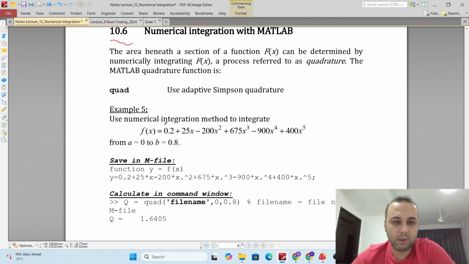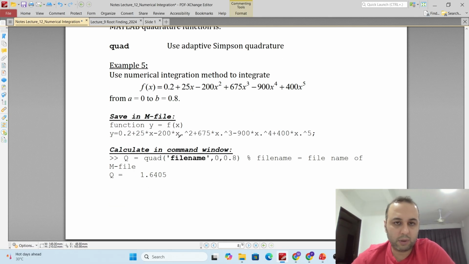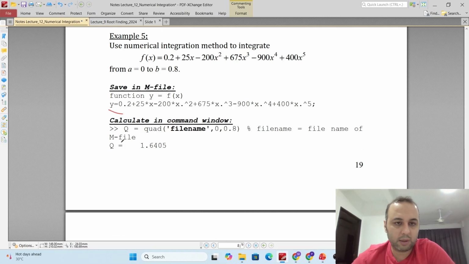10.6 is using the MATLAB. We can use the MATLAB. I think last week I showed you, in the online class, numerical differentiation, how to use MATLAB. You just use them in the MATLAB. This is the function.